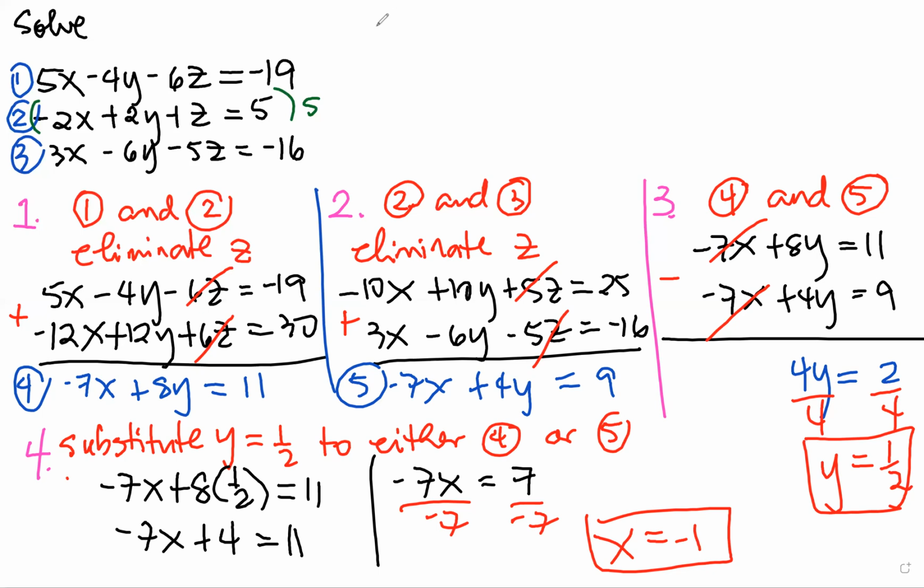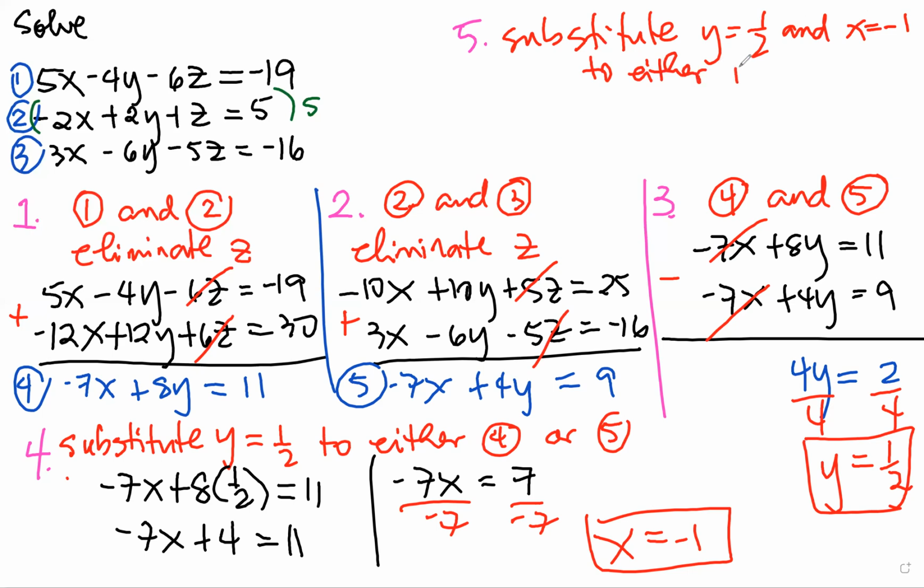And the last step, step number 5, is to substitute the two variables that you have. Substitute y equals 1/2 and x is equal to negative 1 into either the first or the second or the third, either of the three given equations.